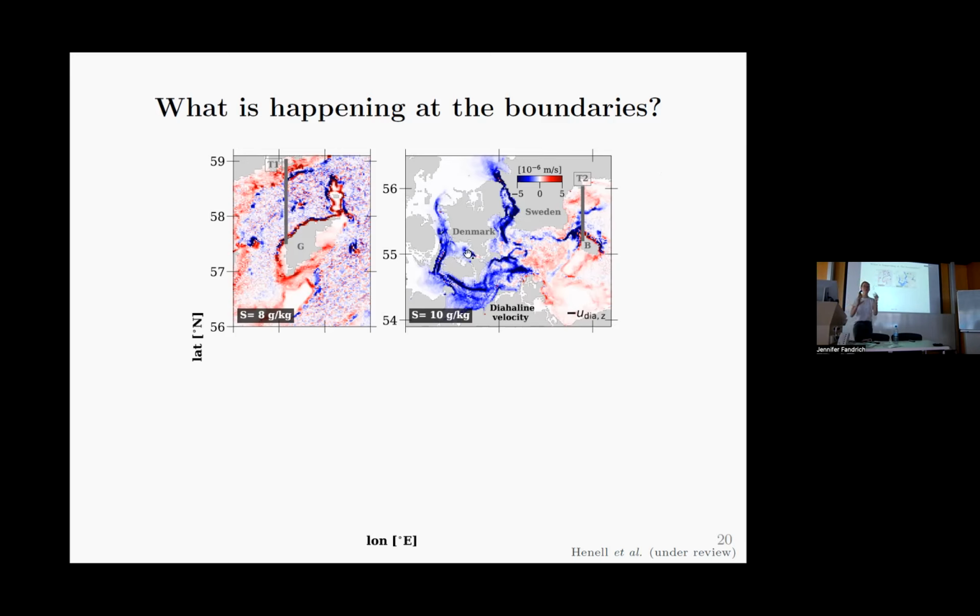So this is just a different view of seeing the circulation in terms of an isohaline. If the isohaline touches the bottom, then we have the intense incoming velocities there. And when the isohaline reaches the surface, then we have the outgoing flow.